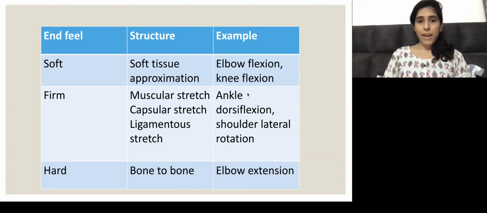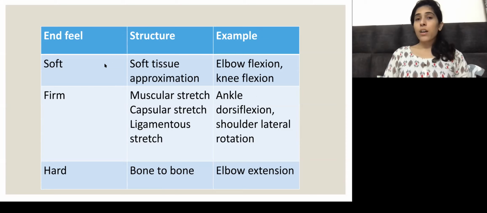Firm end feel is muscular stretch, capsular stretch, or ligament stretch. So these are the three types of structures included in firm end feel. For example, for muscular stretch, we can say ankle dorsiflexion.